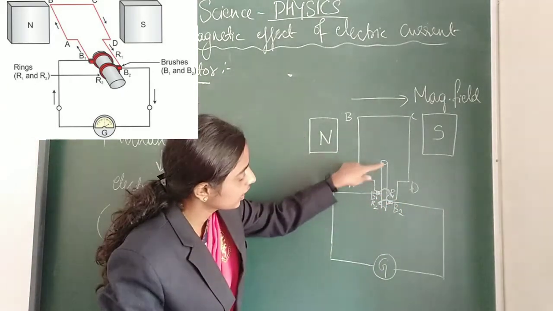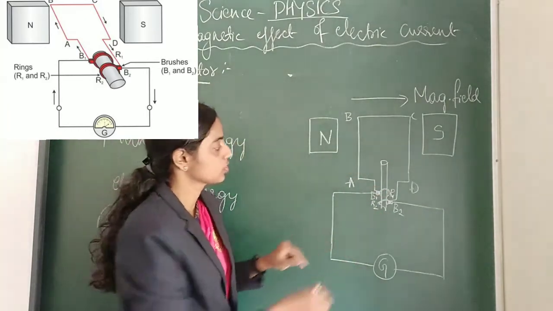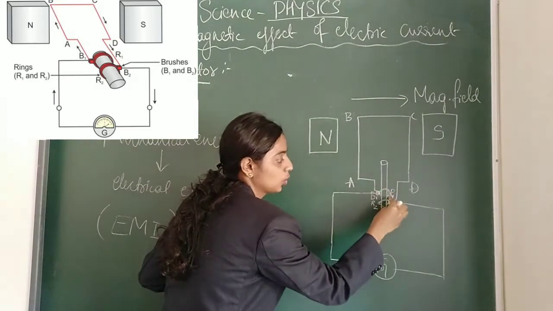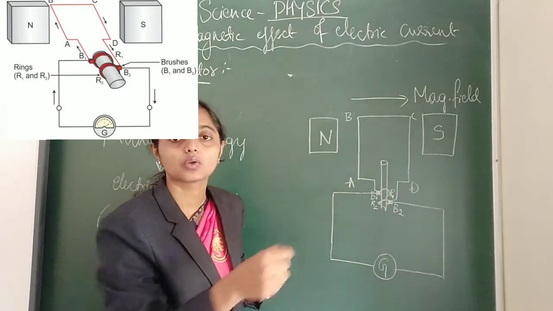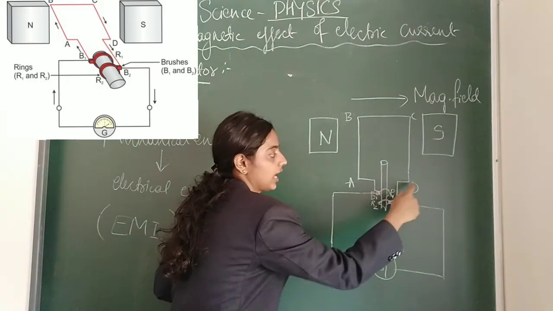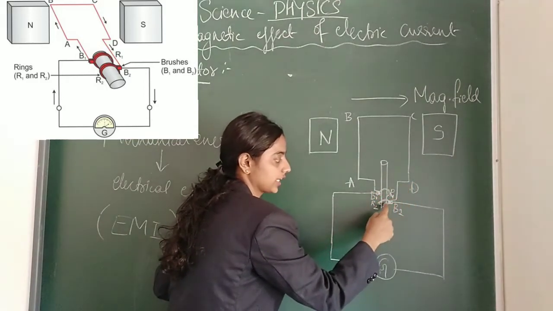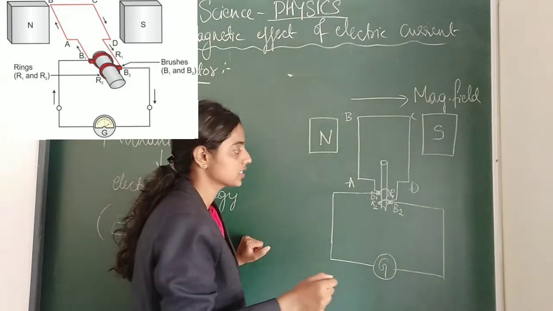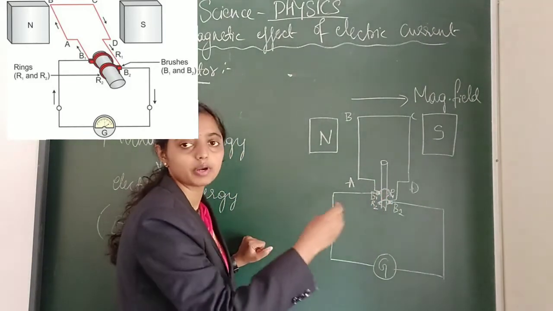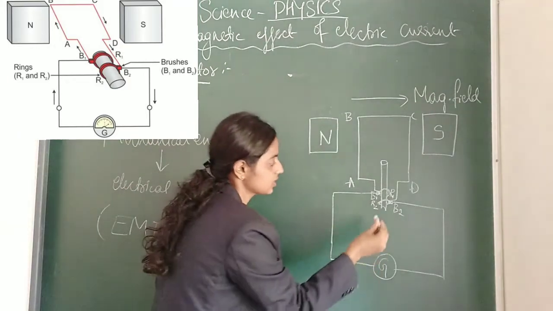Here we have an axle, a long rod. On that we have two rings, namely R1 and R2. One terminal of the rectangular coil is connected to R1 and the other terminal is connected to R2. These rings are insulated from the inside.